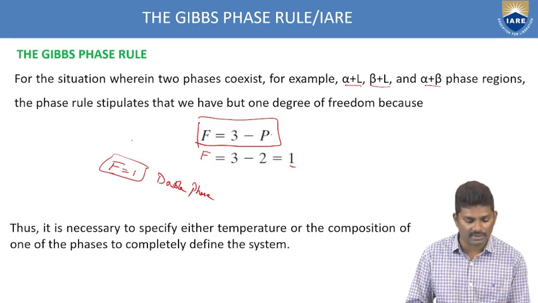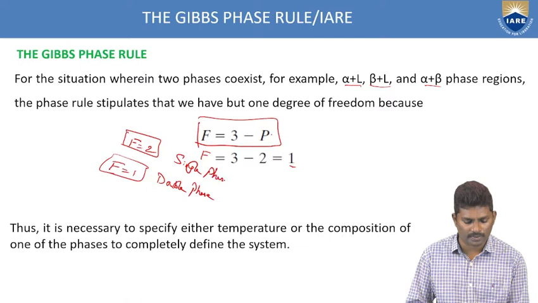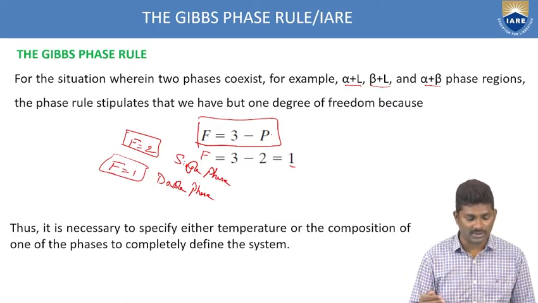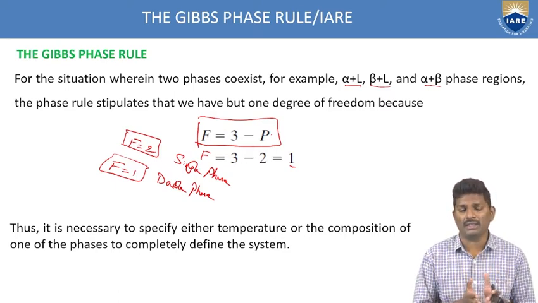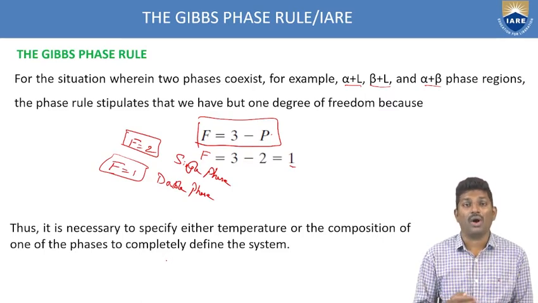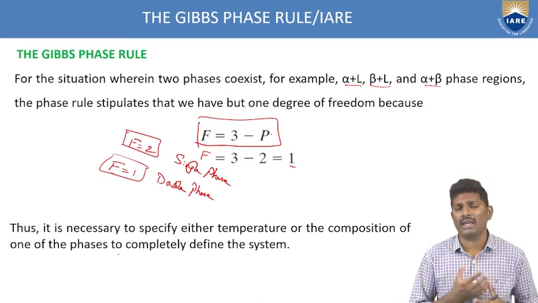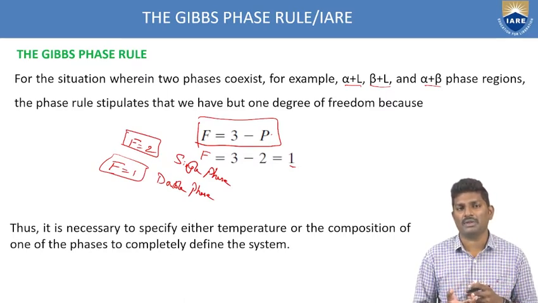F is equal to 1 we are getting for a double phase system. For a single phase, we are getting f is equal to 2. Since in this example it is a double phase, we get f as 1. So what it is inferring is that it is necessary to specify either temperature or composition of one phase to completely define the system. So in order to define the double phase system, you need to know any one parameter, either temperature or composition.